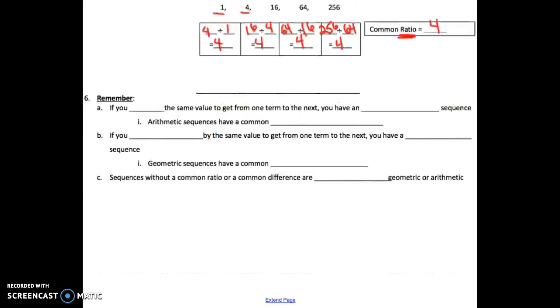So, things to remember for the end of this video. If you add the same value to get from one term to the next, you have an arithmetic sequence. Arithmetic sequences have a common difference.